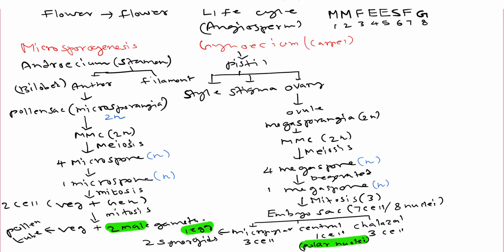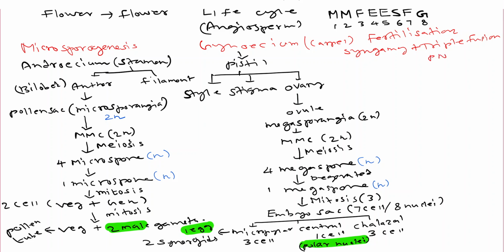So let me discuss the third important thing, called fertilization. During the process of fertilization, 2 processes, syngamy and triple fusion, will take place.